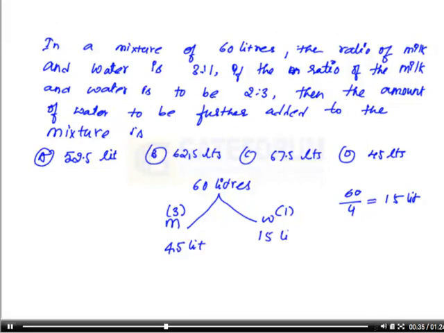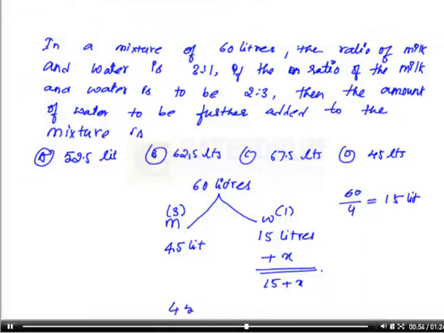Now what he is asking is, how much water is to be added, let us say some X, so that the resultant mixture will be in the ratio of 2:3. So now after adding X liters of water, the new amount of water in the mixture is 15 plus X. What about the milk?